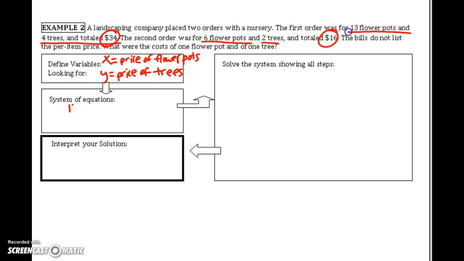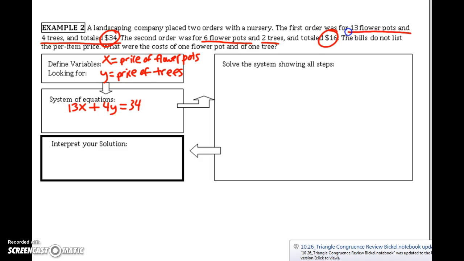So I have 13 flower pots, 13X, and that quantity would give me the total I spent for my flower pots, plus 4Y equals 34. That's for my first order. Okay. The second one would be 6X plus 2Y equals 16.